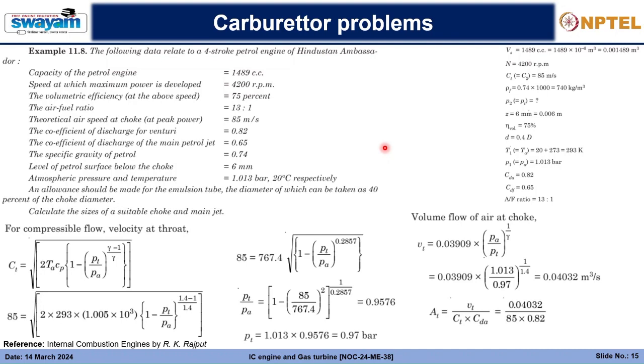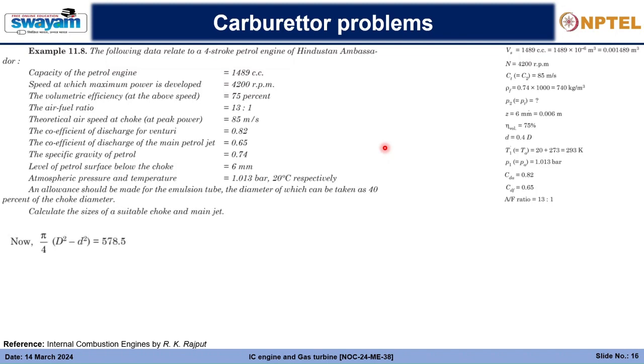So finally the area of the throat is given by Vt divided by Ct into CdA, equals 0.04032 divided by 85 into 0.82, and finally we will get the area of the throat to be 578.5 millimeter square, and we will relate it to the diameter by this formula.